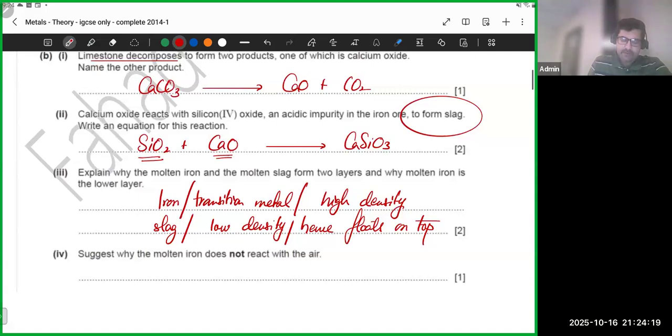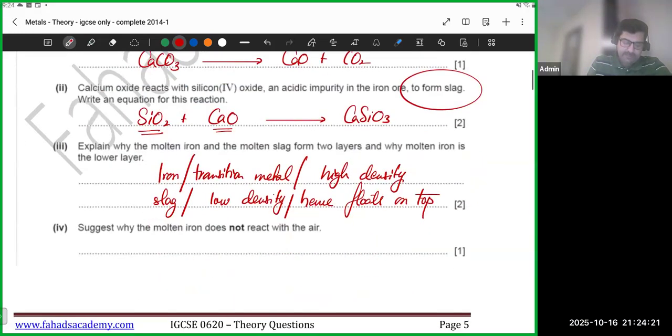And why does the molten iron not rust with air? Because slag prevents it. You have the molten iron and the slag is coating it. So slag prevents iron from reacting with air.